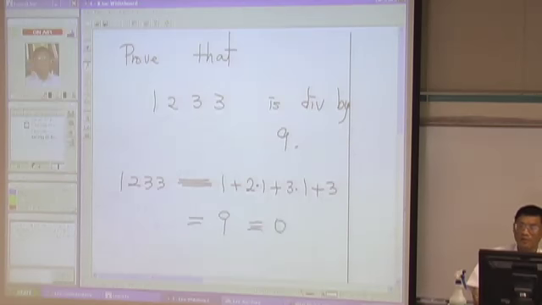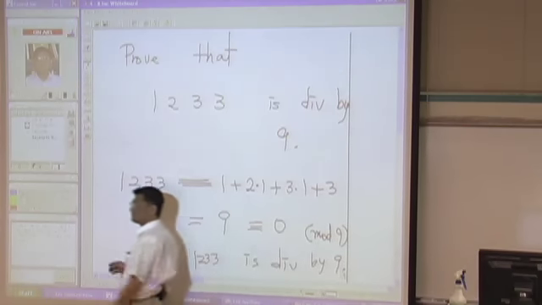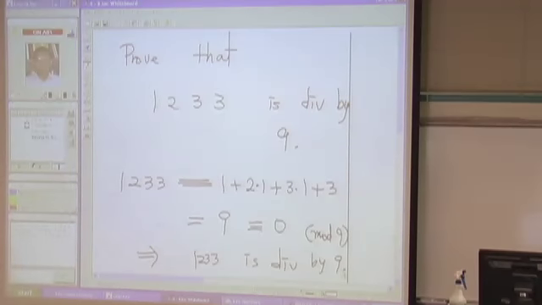And the 9 is 0, mod 9. Thus, 1, 2, 3 is divisible by 9. So please check these things and ask questions. Check the statement.